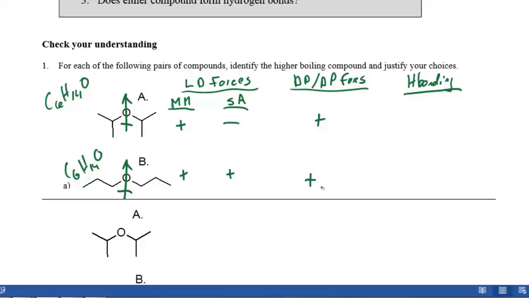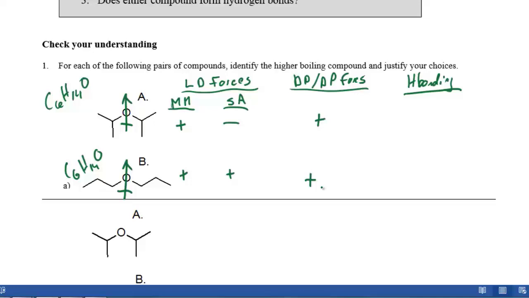For the most part, if you have a similar functional group, it would be hard to say that one functional group is having greater dipole-dipole forces of attraction versus another. Now, if you've got two of a particular functional group, of course, that would increase the dipole-dipole force of attraction.